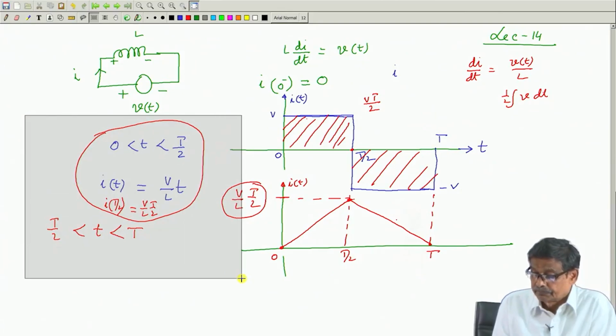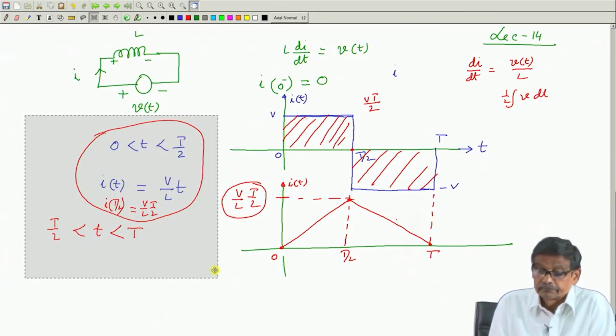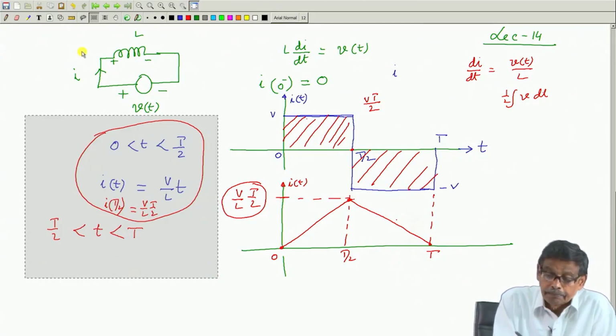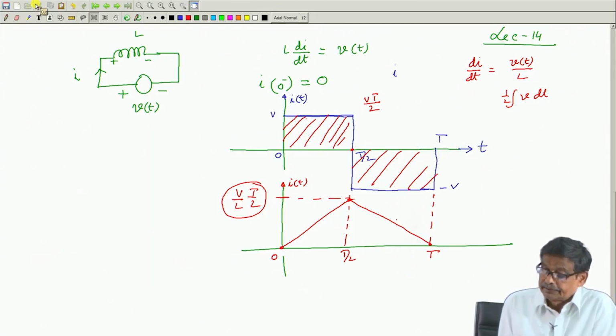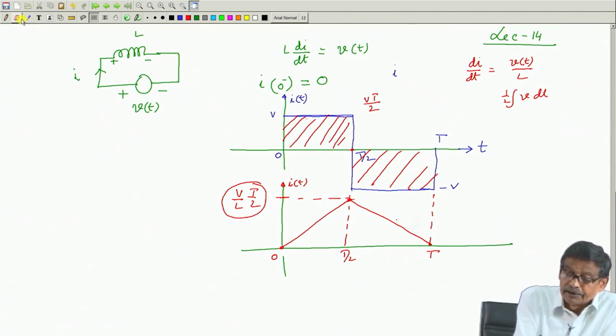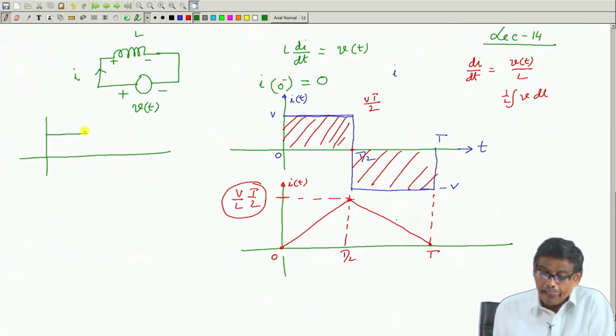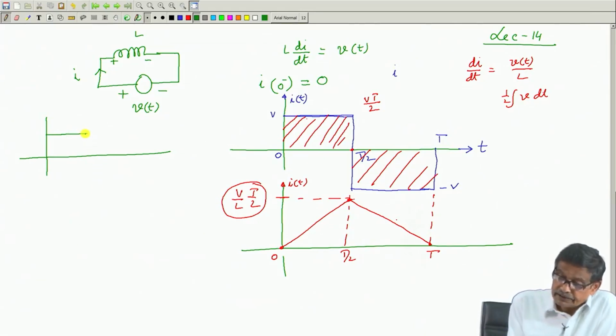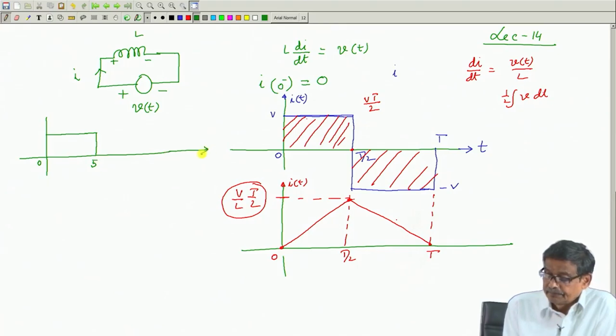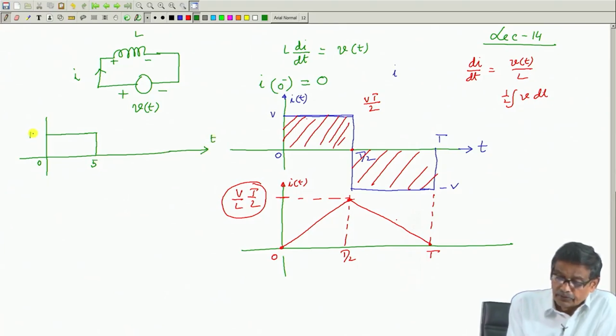Suppose you see that I have applied a voltage which is equal to, I will put some numbers now, 0 to 5 seconds, this is t, and this is say 10 volt.